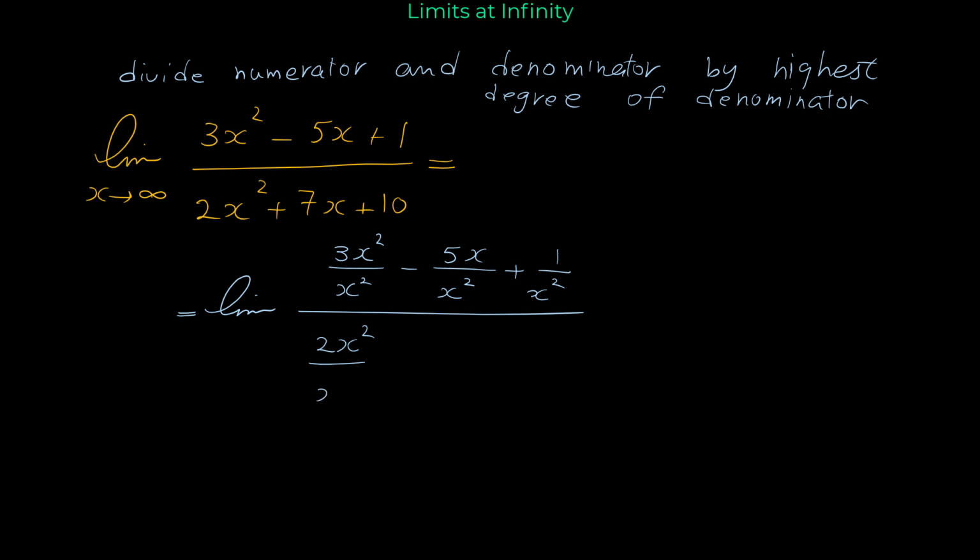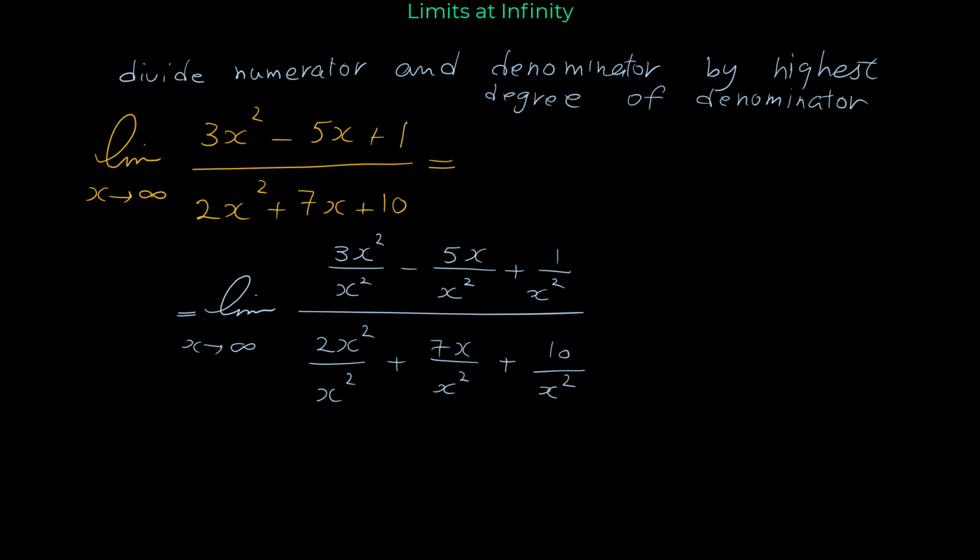Whatever we do with the numerator, we do with the denominator. So then we have something like this, 10 over x^2 as x goes to infinity. And if x goes to negative infinity, we are going to do the same. The method is the same for infinity and negative infinity.